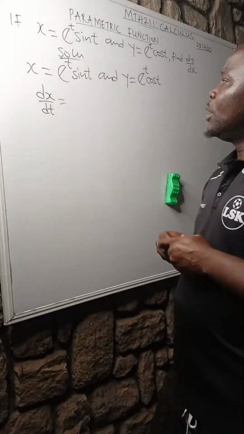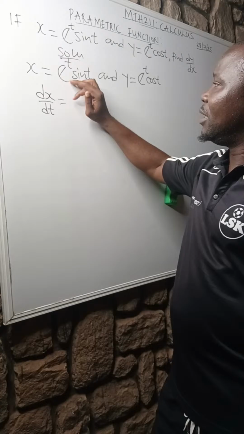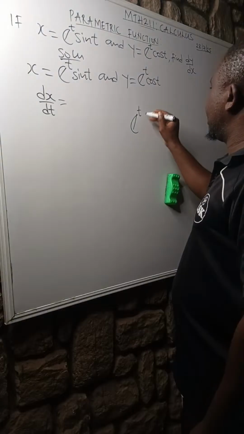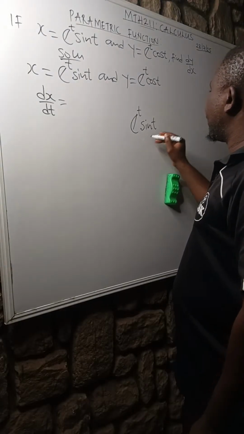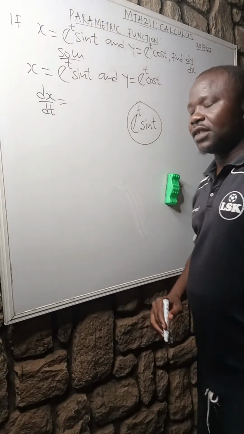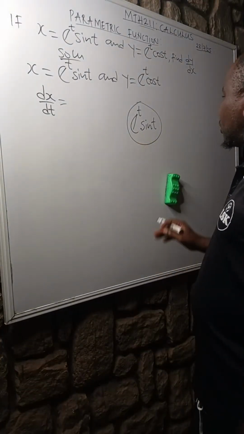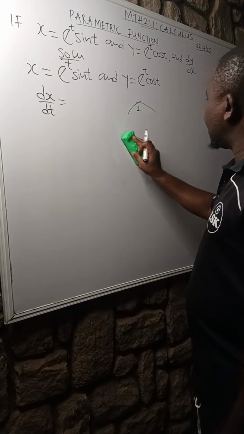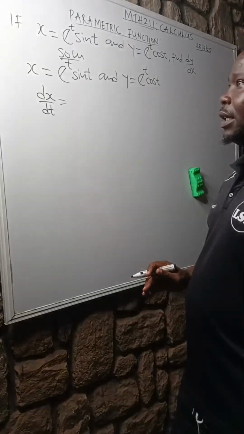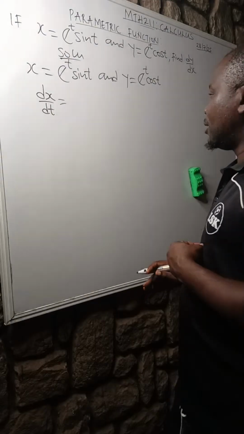But how do we find dx over dt? The function given here is not the usual function. We now have exponential t sine t. So this is how we are going to differentiate this function. We are supposed to use the product rule. In calculus, we have rules that are the basis of calculus.